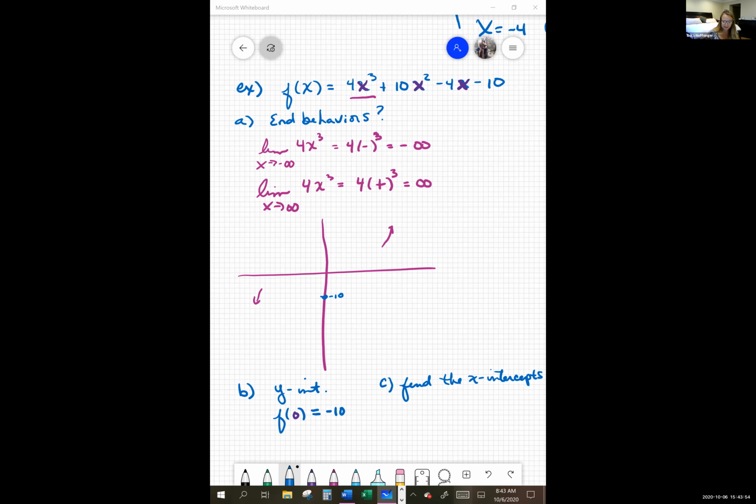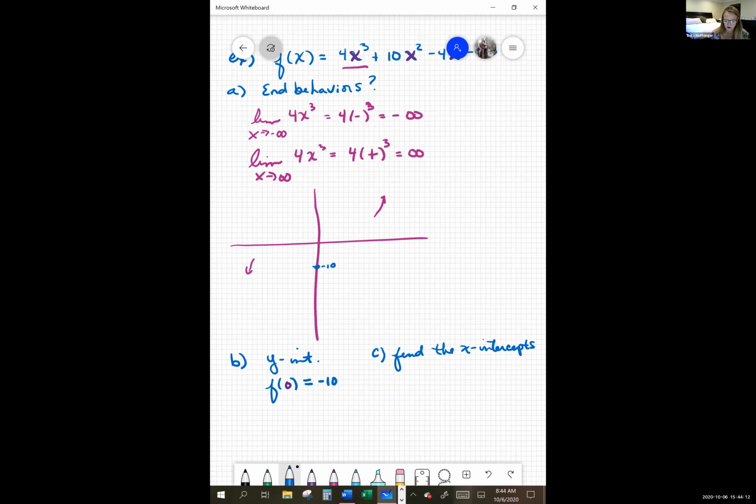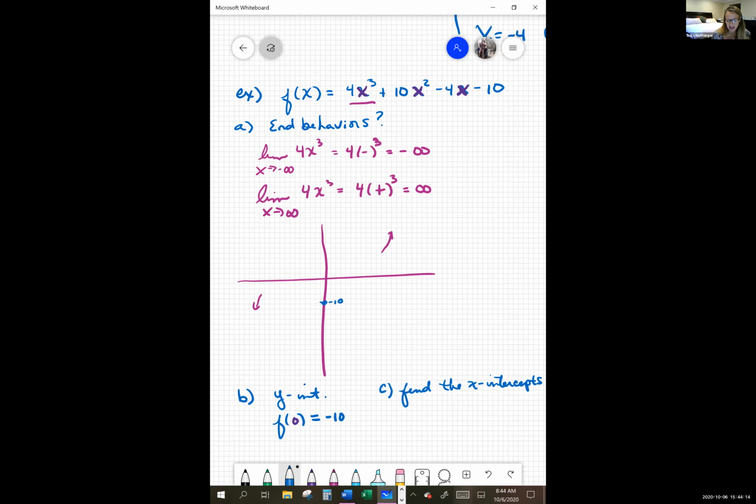I notice I have 4 terms in here, so factoring by grouping might be the way we want to go. We could rearrange our groupings if we want or not. I also noticed that all of these coefficients for 10, -4, -10 have a common factor of 2, which we can also pull out.